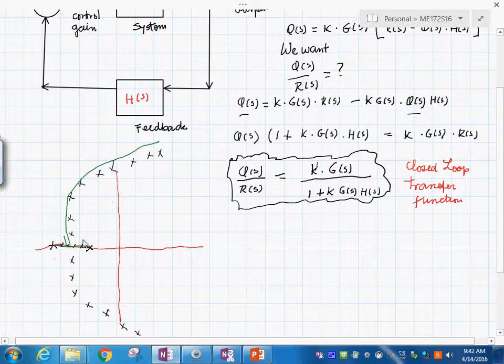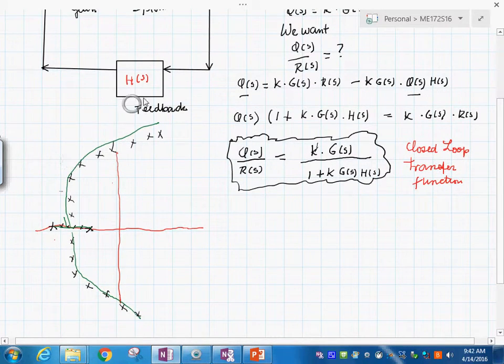If I join all those points, if I trace them rather, this thing is called the root locus, because it is a plot of where the roots of the system are depending on the value of K.